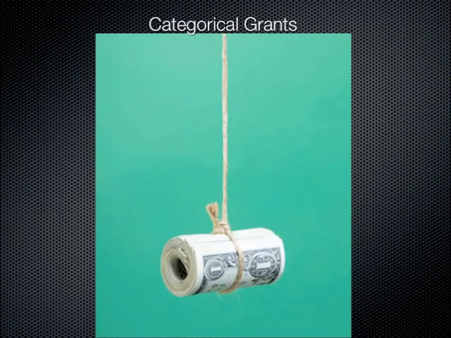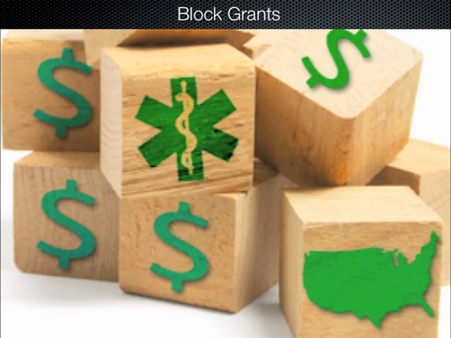Categorical grants are made for some specific, closely defined purpose, such as school lunch programs, or the construction of airports or water treatment plants. There are usually conditions or strings attached to regulate the use of these funds. Block grants are portions of money allocated to states to use for broader purposes such as healthcare, social services, or welfare.